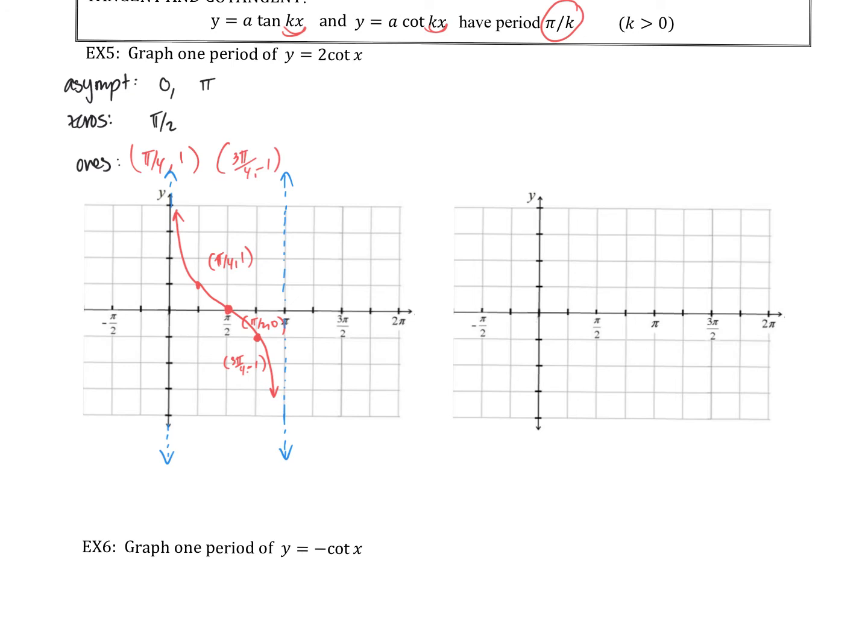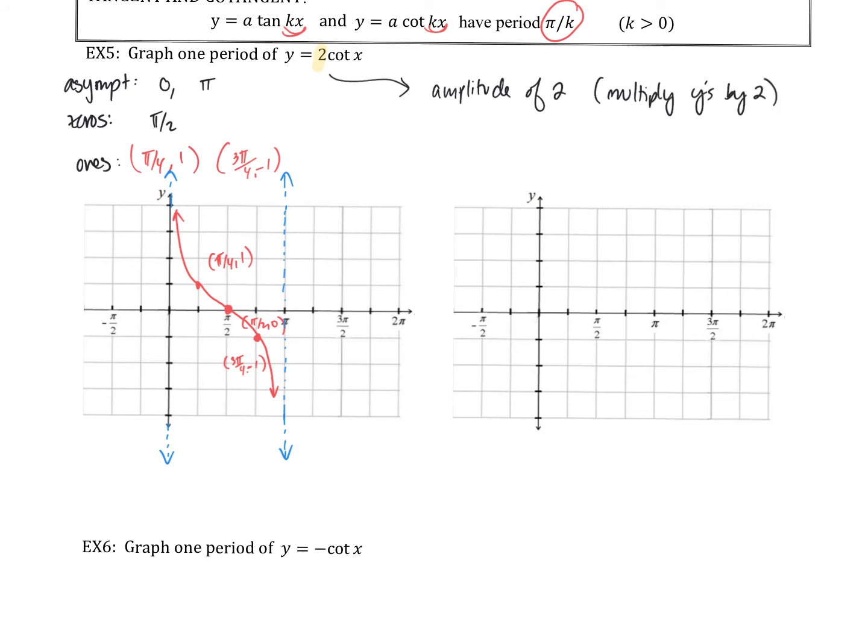So what is different about this function? Well, we have that 2 being multiplied outside of cotangent, which basically means we're going to have an amplitude of 2, which means we're going to multiply our y's by 2.